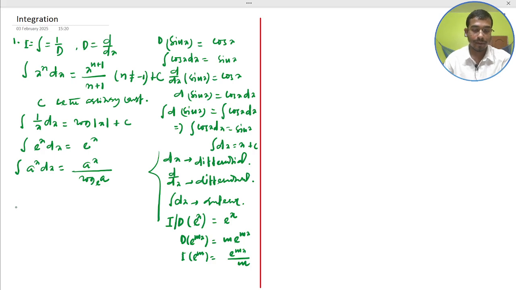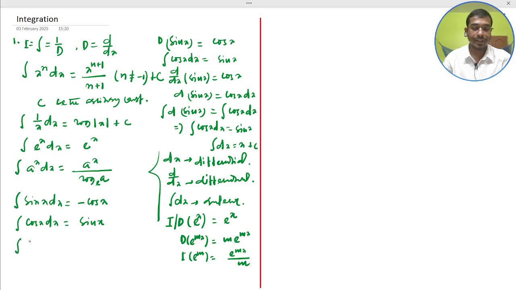Now, integration of sin x dx is minus cos x. Integration of cos x dx is sin x.